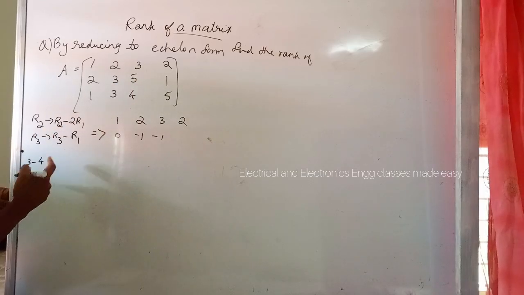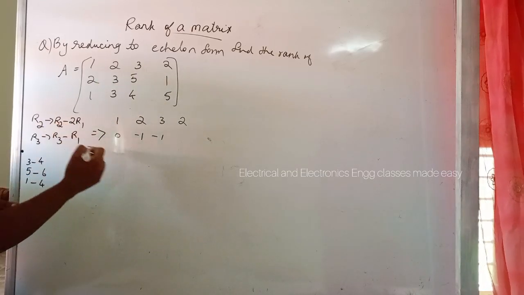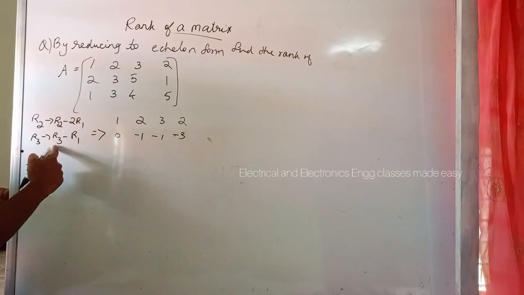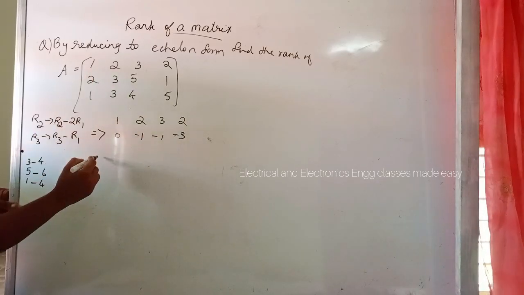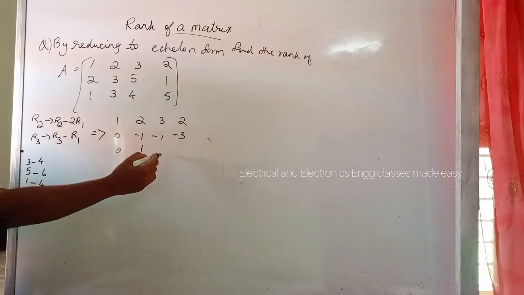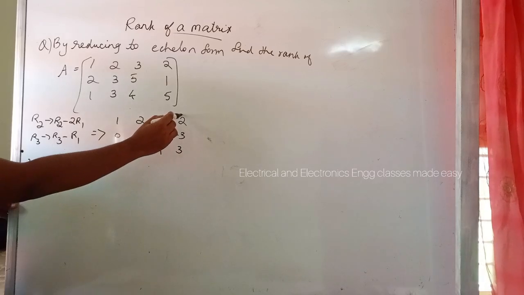Then 1 minus 2 times 2, that is 4, so we get minus 3. Next is R3 minus R1. So 1 minus 1, 0 here. 3 minus 2, 1. 4 minus 3, 1. 5 minus 2, it is 3 here.